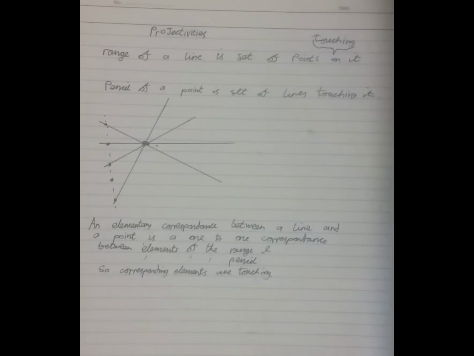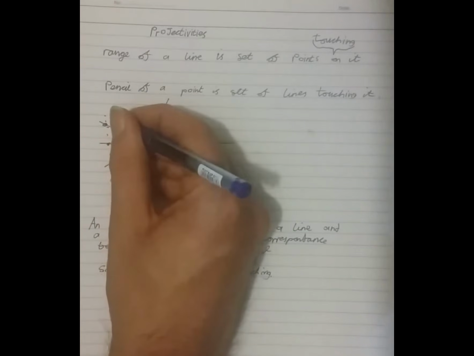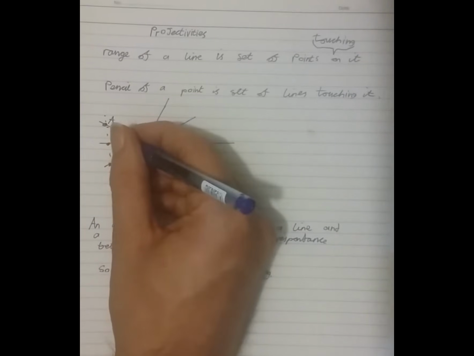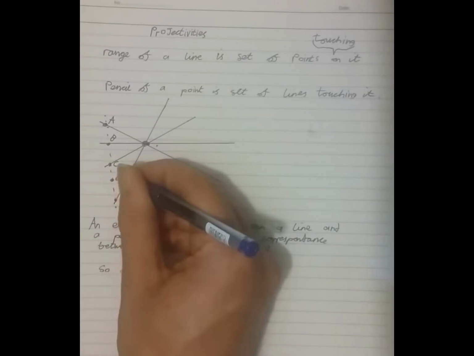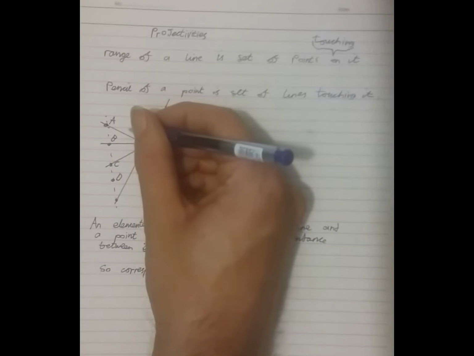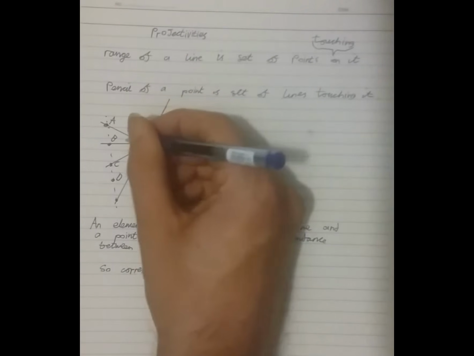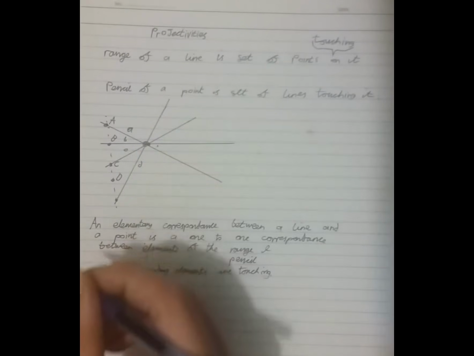Now, how might we write such an elementary correspondence? Well, let's say that we label these points A, B, C, D, and we'll label these lines of the pencil, little a, little b, little c, and little d.